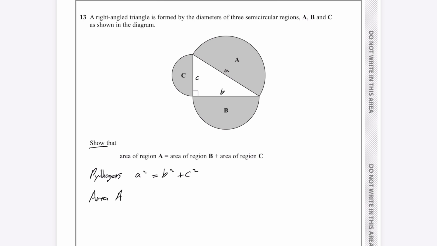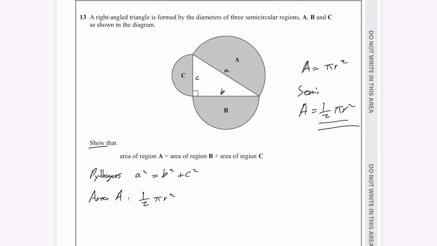of region A. Now, the area of a circle is pi r squared, but we don't have a full circle, we have a semicircle. So with a semicircle, the area is equal to a half pi r squared. So that's what we're going to be using. So in this case, the area is a half pi r squared.